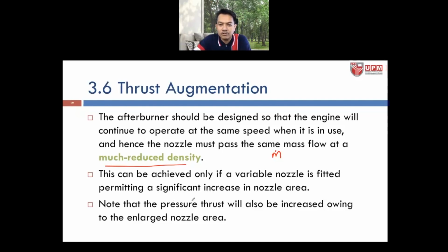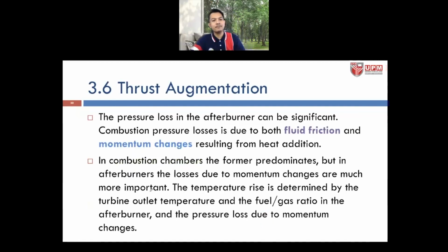Note that the pressure thrust will also be increased owing to the enlarged nozzle area. Because you have a large nozzle area, this has to be taken into account when you want to add up the total thrust for the engine. The pressure loss in the afterburner can be significant.